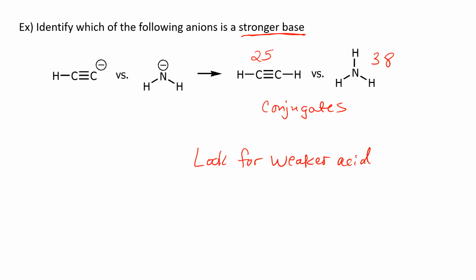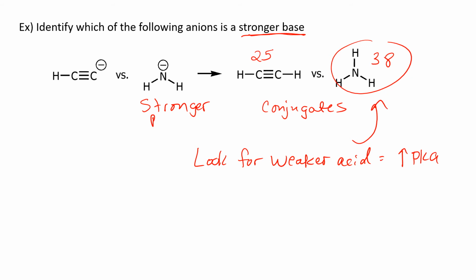And the weaker acid has the higher pKa value. So this is our weaker acid, and it came from the stronger base, because the weaker the acid, the stronger the base.